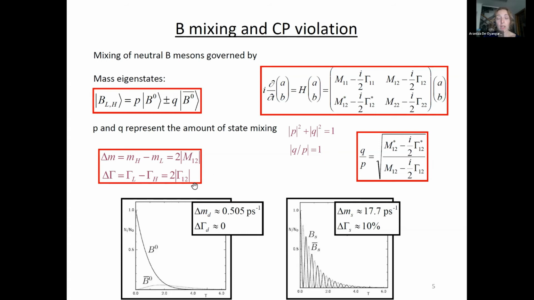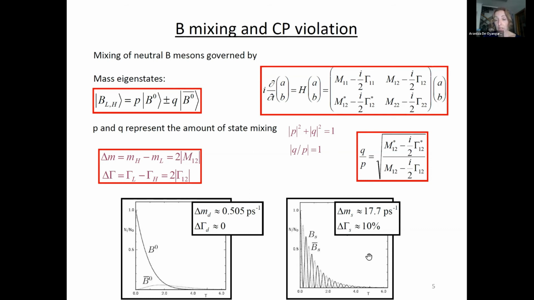You can see here the case of the B meson system and the case of the Bs meson system, and how they determine the oscillation. In the case of the B system, you have a delta M of about 0.5 inverse picosecond, and the width difference, delta gamma, is very small, almost 0.